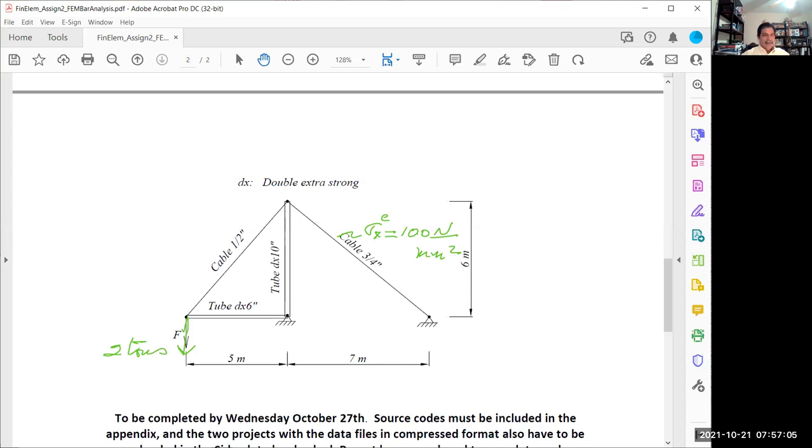Now, question for you. What would happen if instead of 2 tons, I would apply 1 ton? How much would be this one here? If I apply, instead of 2, I apply only 1, how much is going to be this value here? You have something, Miss Lopez, do you have the answer?